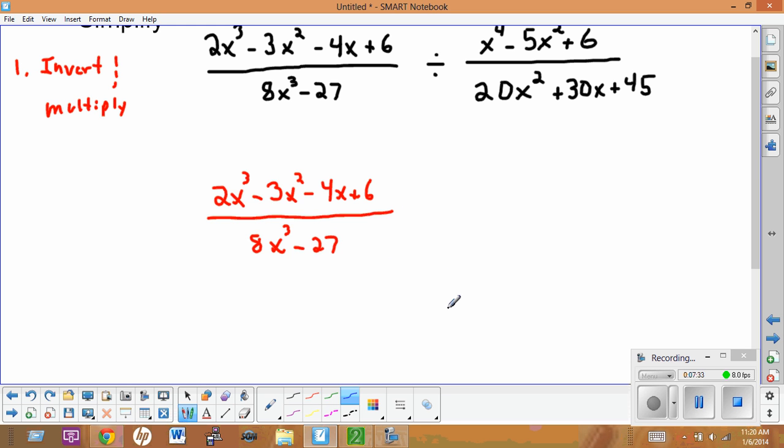Okay, so here's where it changes. So we'll go blue. We're going to take the reciprocal and change the sign to multiplication. So this piece is now your numerator. And this piece is now your denominator.